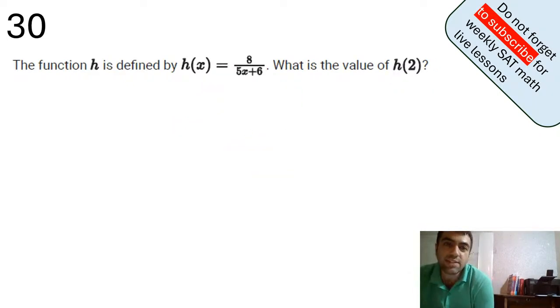The function h is defined. What's the value of h of 2? Mr. Saif says 0.5.